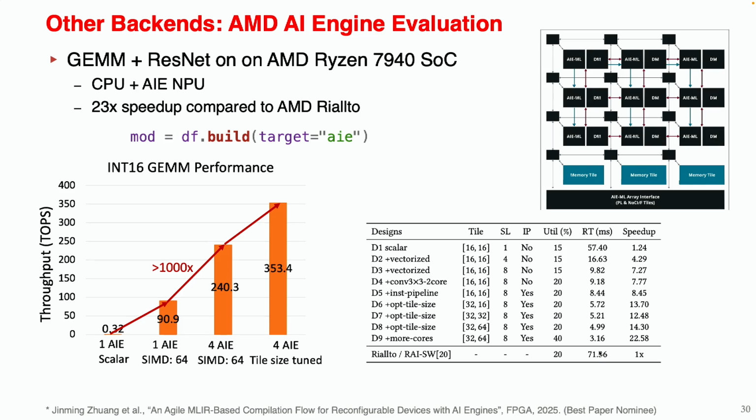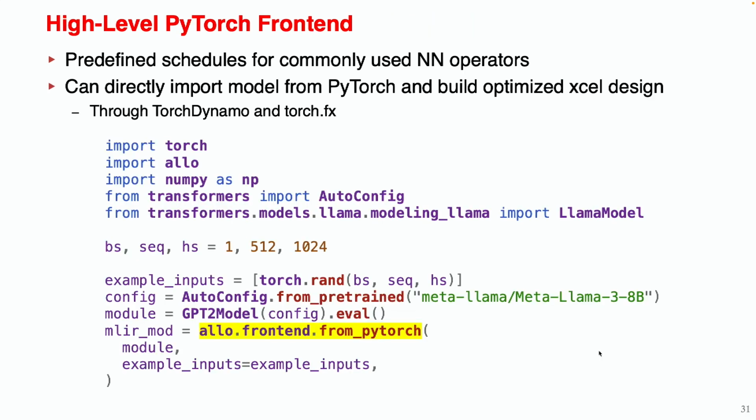And we can achieve orders of magnitude performance improvement for a GEMM kernel and a whole CNN model. Finally, we also encapsulate those NN operators into a library and integrate Allo as a backend of PyTorch. In this way, users can directly import the PyTorch model using Allo.frontend from PyTorch and generate the optimized accelerator design in a push-button way.